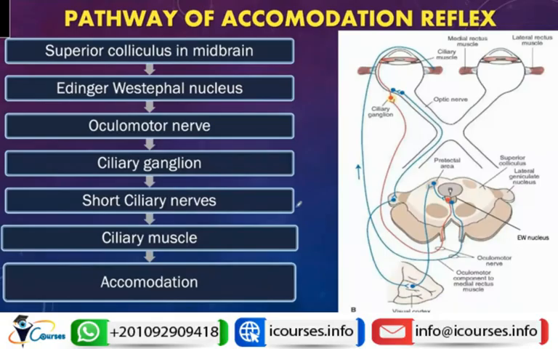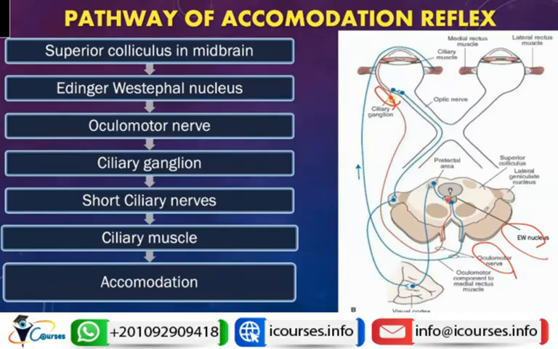Then from this it will go to the superior colliculus in the midbrain, which contains the Edinger-Westphal nucleus. So it will supply the oculomotor nerve. Then the oculomotor nerve will give the preganglionic fibers passing to the ciliary ganglion on both sides, supplying the ciliary muscle, causing contraction and leading to accommodation.